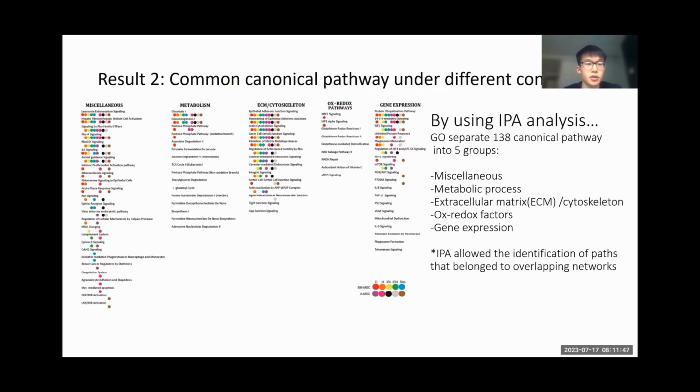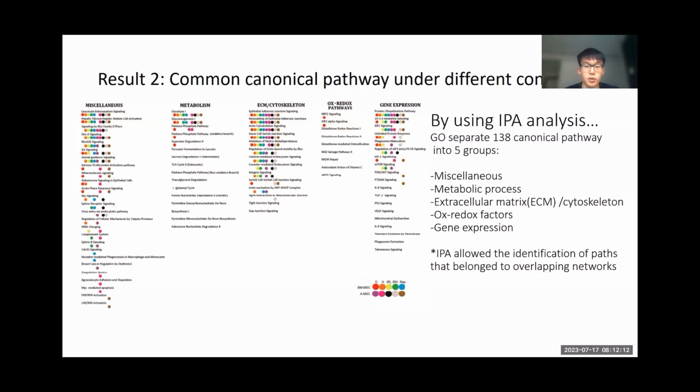The left one is an extra one, miscellaneous, which is classified as other categories, but they mainly classified as metabolism, extracellular matrix or cytoskeleton class, or also redox pathways or gene expression.